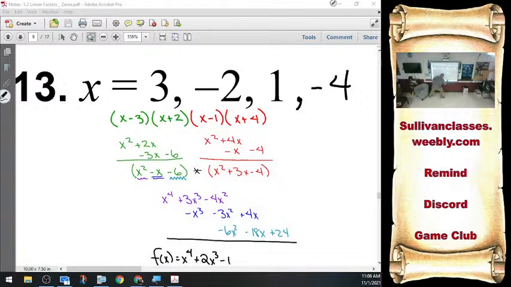Minus 7 minus 13. Okay. This is a way to organize.